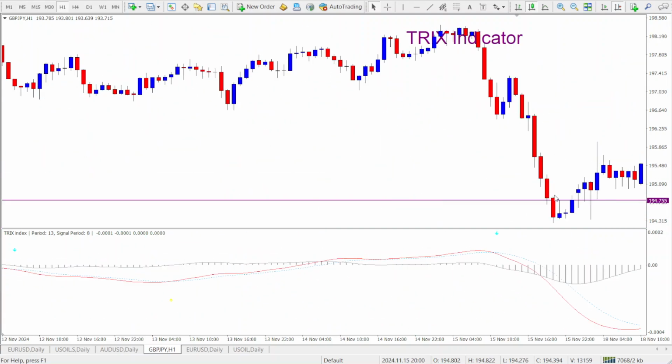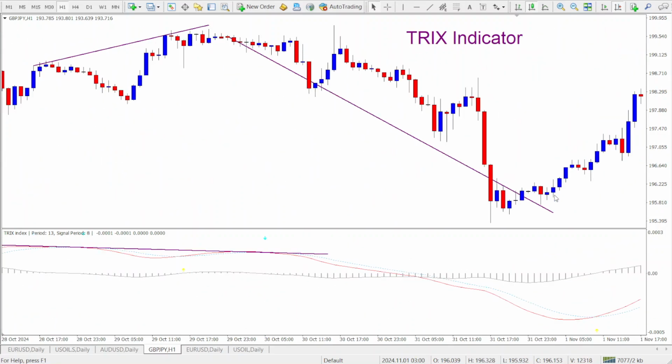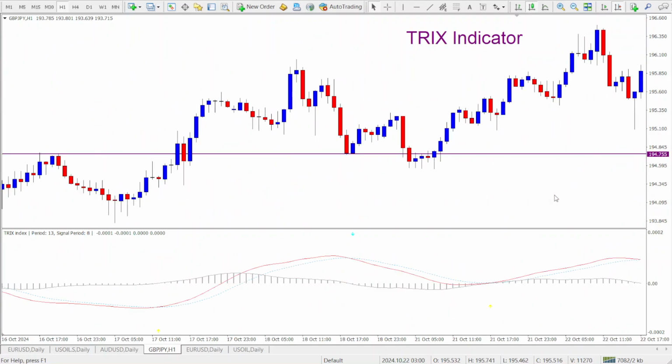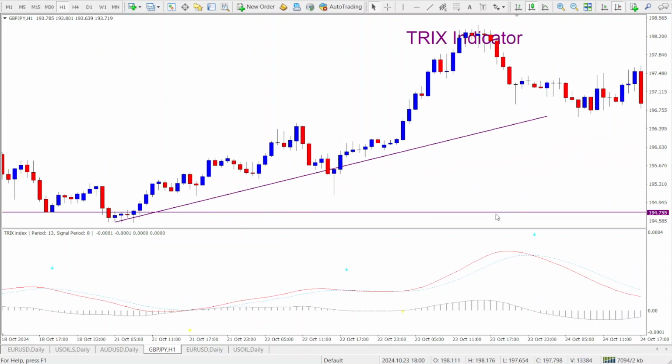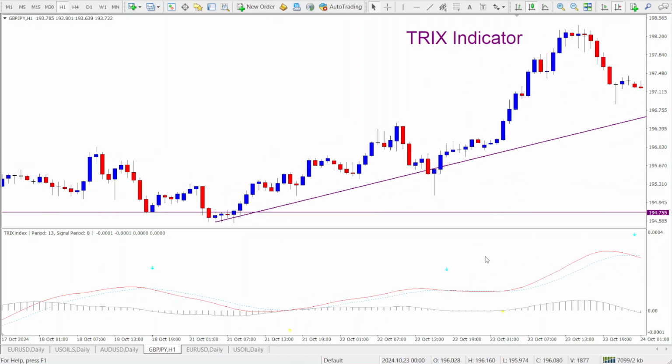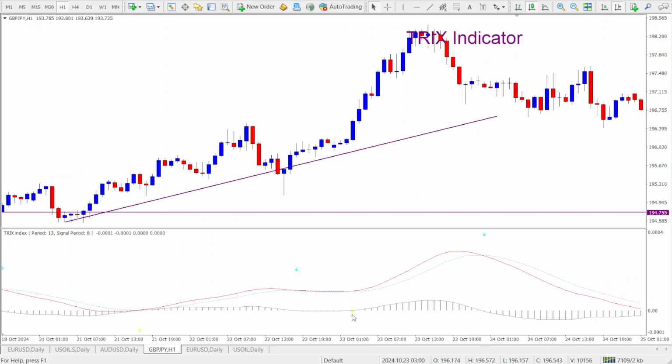But looking at past examples, you will notice that trading the trend is just the best, right? Trading the direction of the trend is just the best. Once a trend has been identified, just look out for precise entry points. The arrow is going to give you a precise entry point. Enter your buy in the direction of the trend. You can see another yellow arrow appeared here.